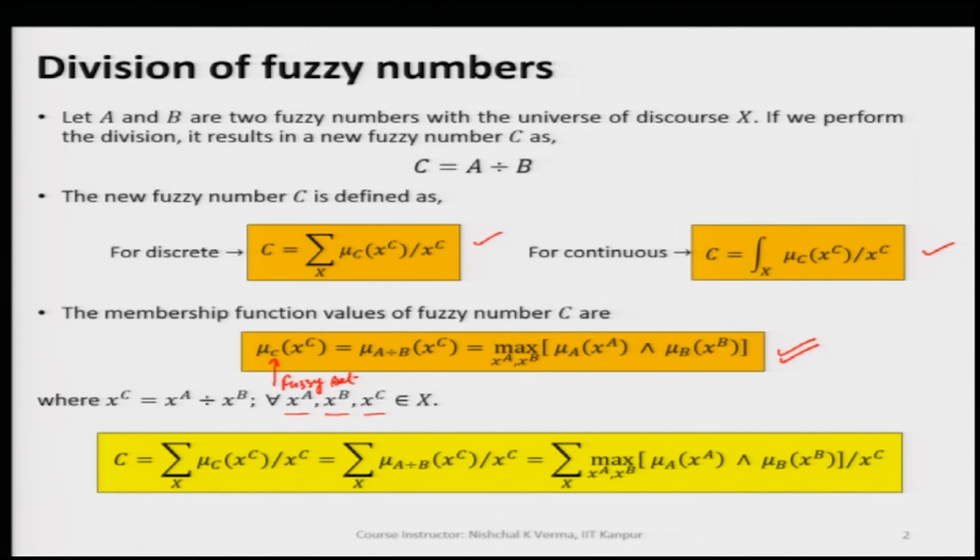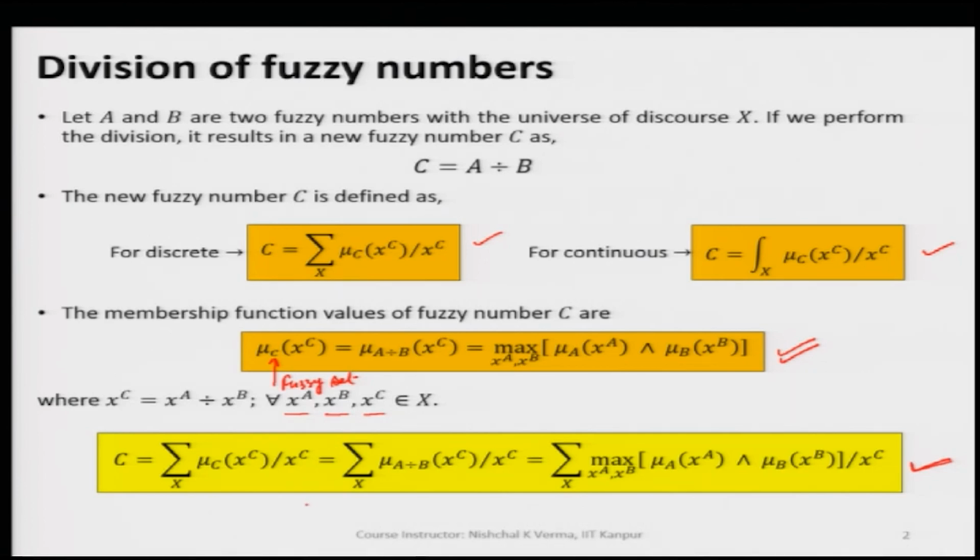So, we can finally write, as shown in this expression, the membership value of fuzzy set C together with the corresponding generic variable values.